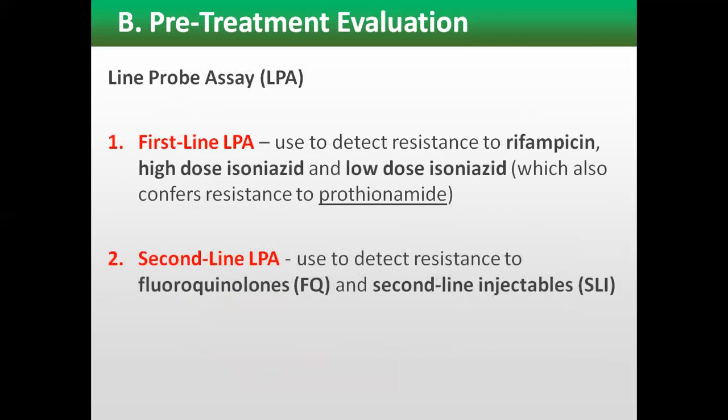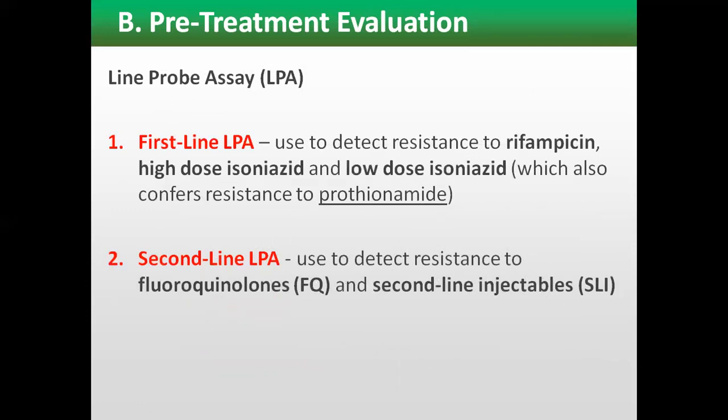Now, we have discussed about line probe assay. As I told you, this is a diagnostic test. This will detect resistance to various drugs. So for first line LPA, this determines resistance to rifampicin, high dose isoniazid, and low dose isoniazid.